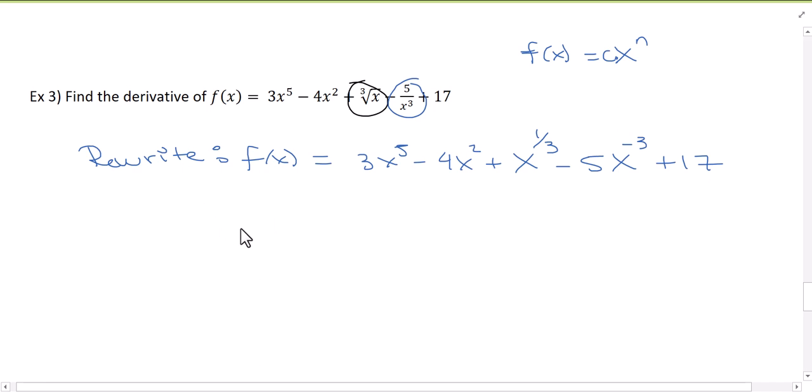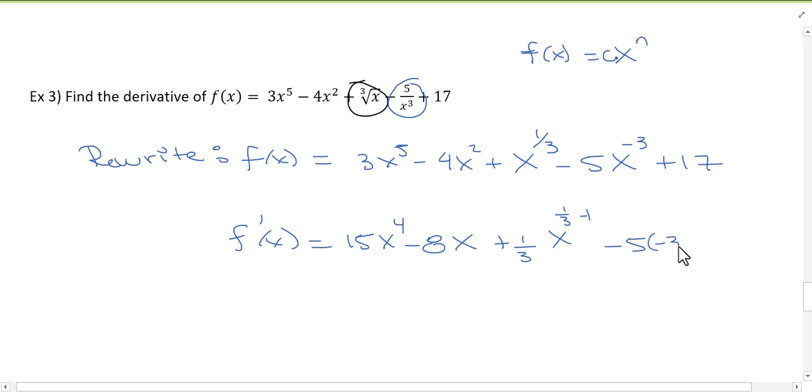I can use the general power rule. So f prime of x will be, bring the 5 down, so it will be 15x to the fourth, decrease the power by 1, minus, what about the derivative of 4x squared? Bring the 2 down, 2 times 4 is 8, x to the 2 minus 1, which is 1, plus, bring the exponent down, so 1/3 x to the 1/3 minus 1, minus 5 times, bring the minus 3 down, x to the minus 3 minus 1.